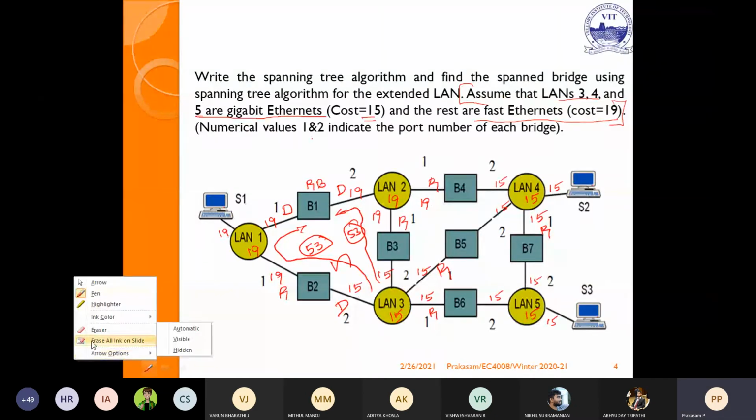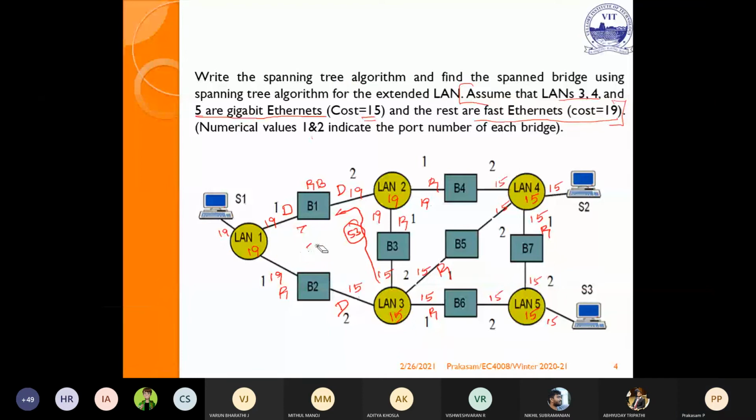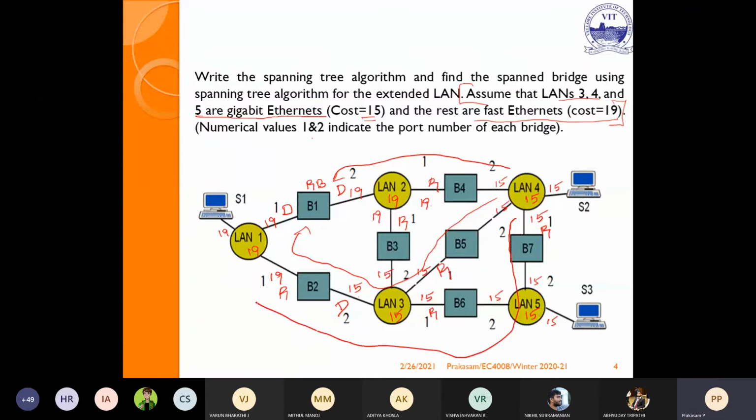Then similarly for LAN 4. Where is LAN 4? Okay. LAN 4, I can go here or here or here. So this path 19 plus 19, 38 plus 15, 53.